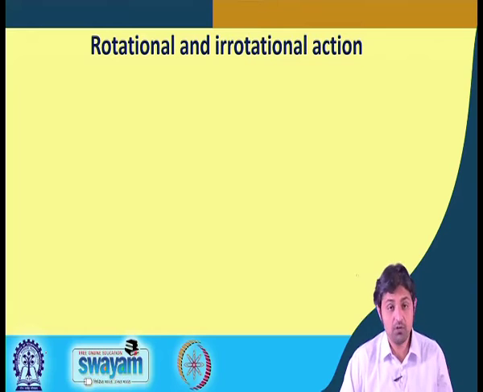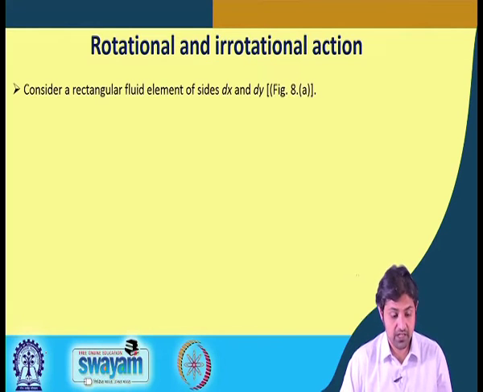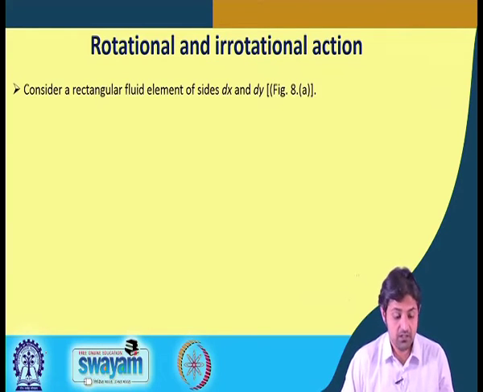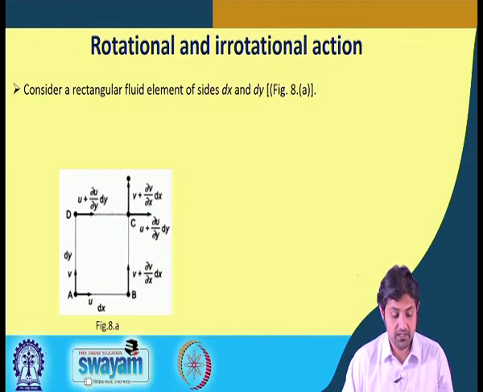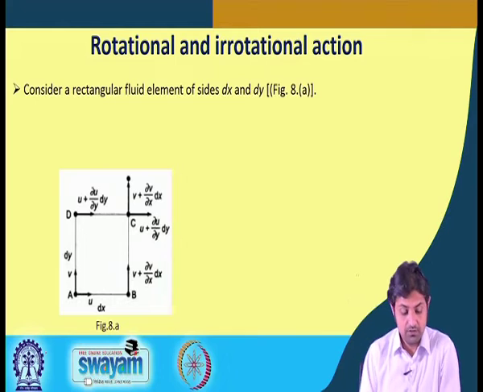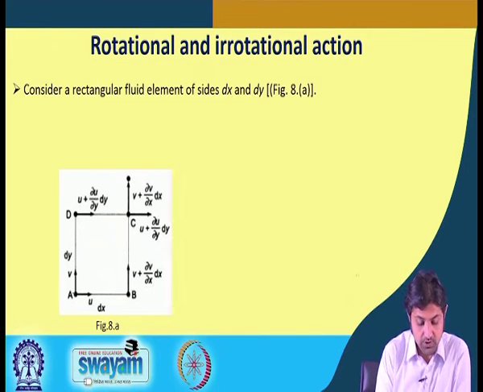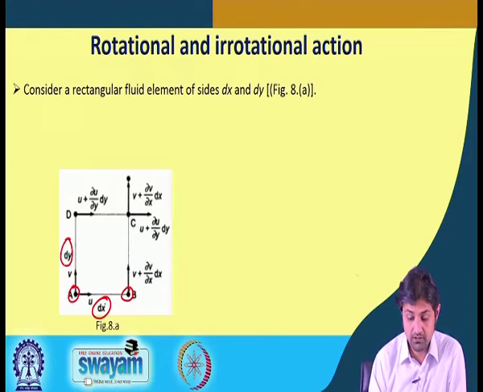Now, let us talk about rotational and irrotational motion. If we consider a rectangular fluid element of side dx and dy as in this figure, you see this is point A, this is point B, and this is the distance of the side dx, and this is dy, this is a fluid particle.